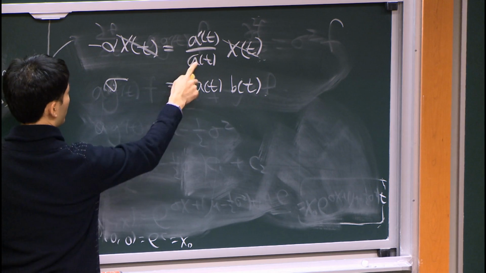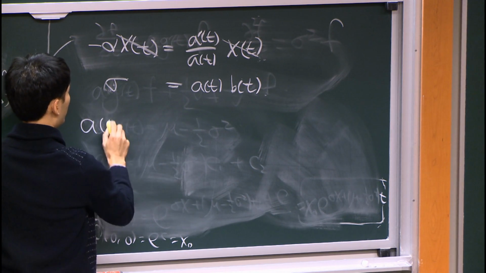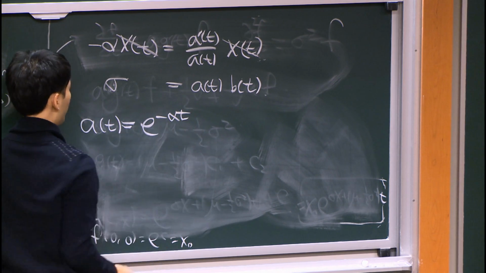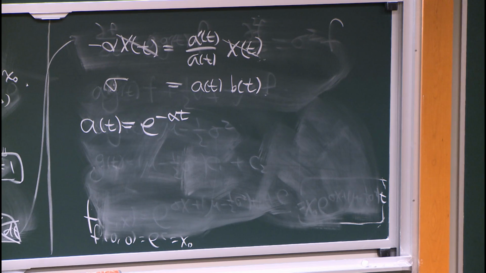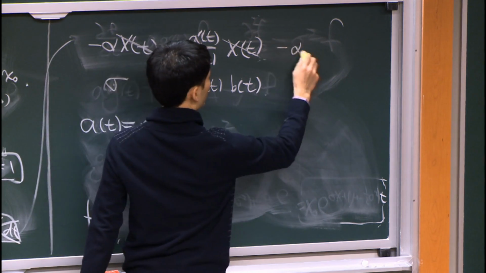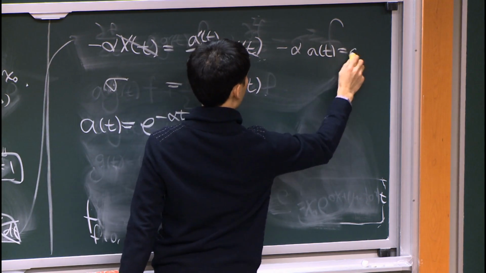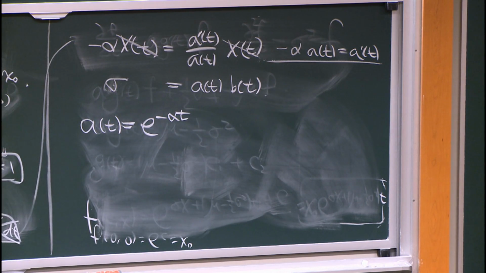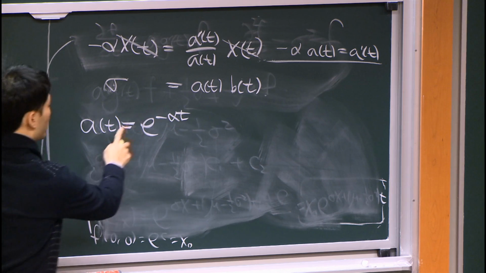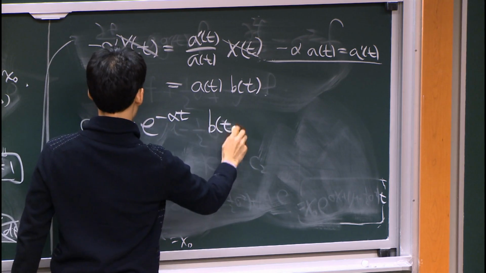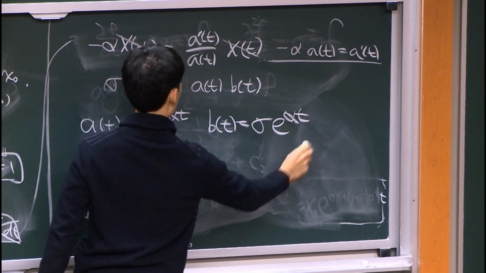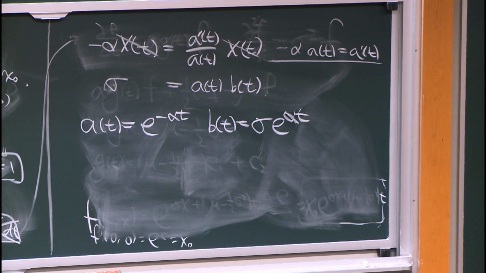And we see that at has to be e to the minus alpha t. This says that it's an exponential. Now plug it in here, you get bt. That's it. So plug it back in.